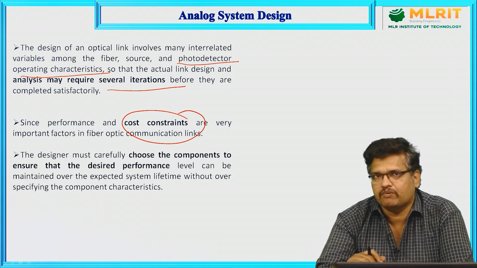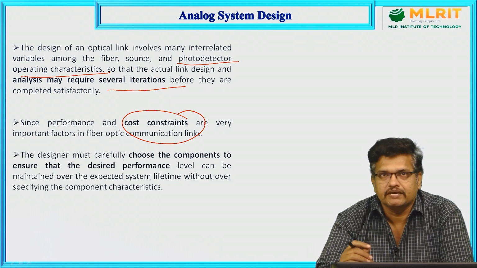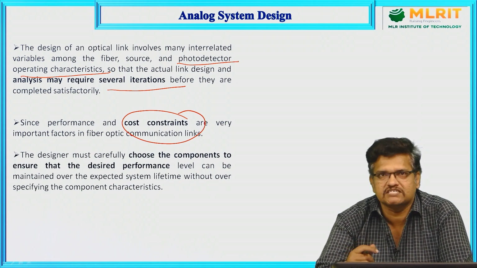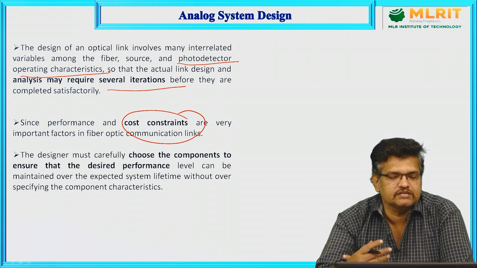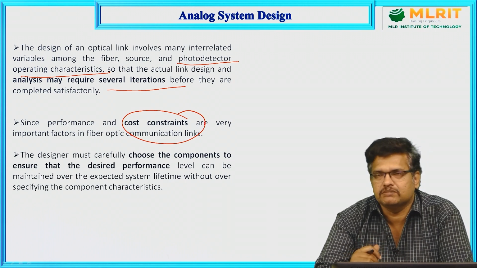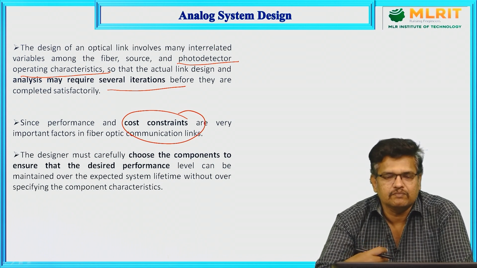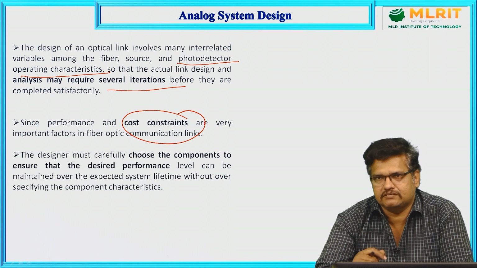That is an important point while choosing a system. So, the first is several iterations, then cost constraints, and then choosing of the components. These are the three major factors the designer thinks about before designing a system.